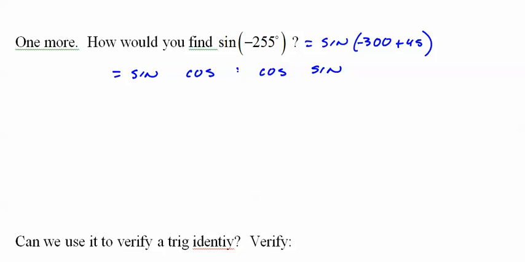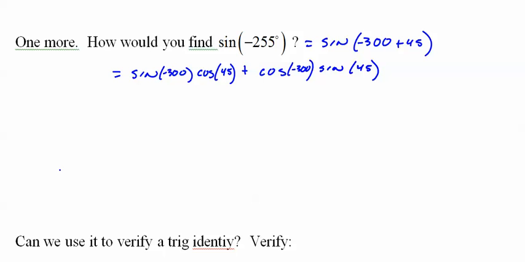And plus in the middle means plus here. And this would be sine of negative 300. This would be cosine of 45. This would be cosine of negative 300. This would be sine of 45.